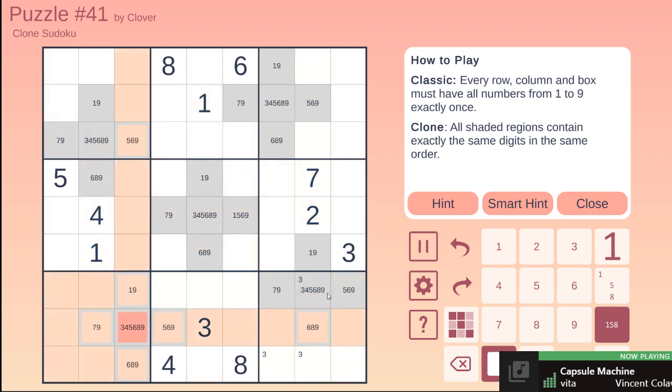Great. 3 looks at those. 4 looks at those. So 5, 6, 8, 9. 8 doesn't look at them. 5, 6, 9. No, there's no issues with 5, 6, 9. Okay, that's great. So we know a little bit about what's in every freaking box.